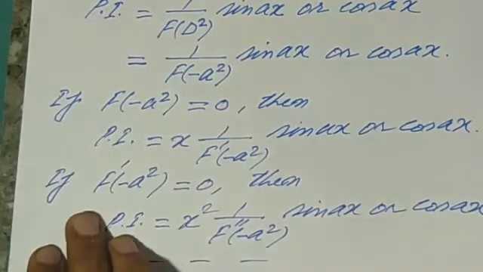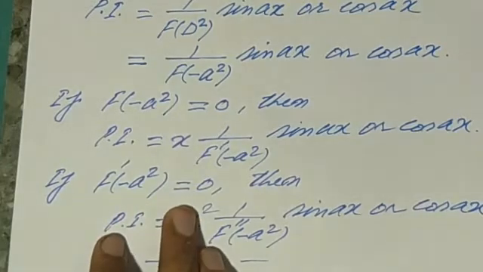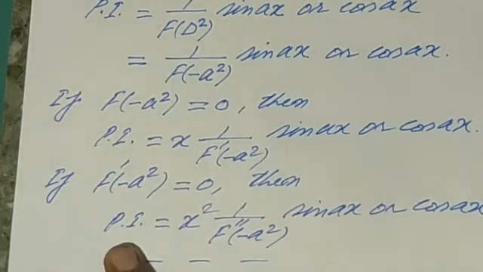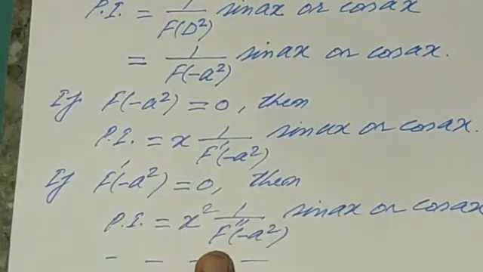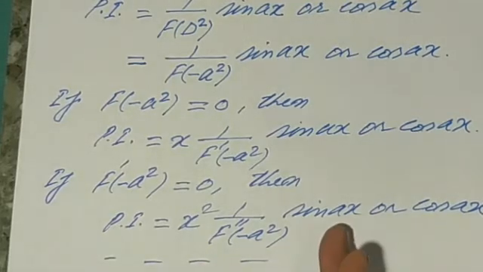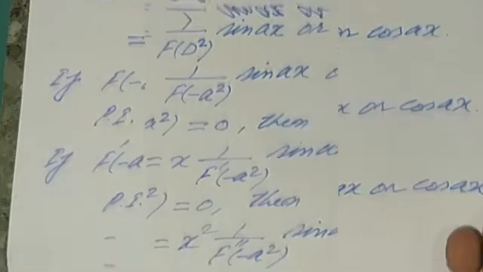Again, if f dash(minus a square) is equal to 0, then PI is equal to x square. One more x is taken out, and we have to take the next differential of f(D square), and we have to replace D square by minus a square, and sin ax or cos ax.